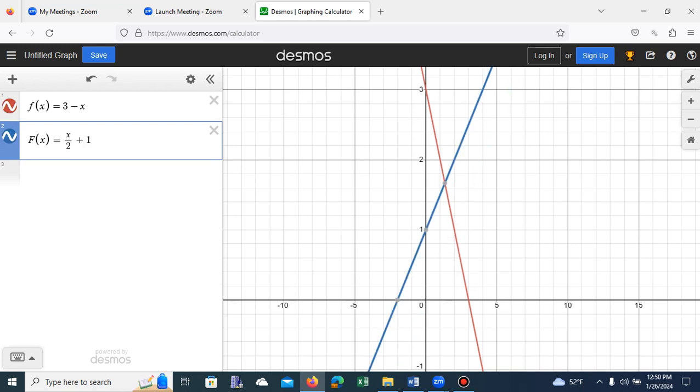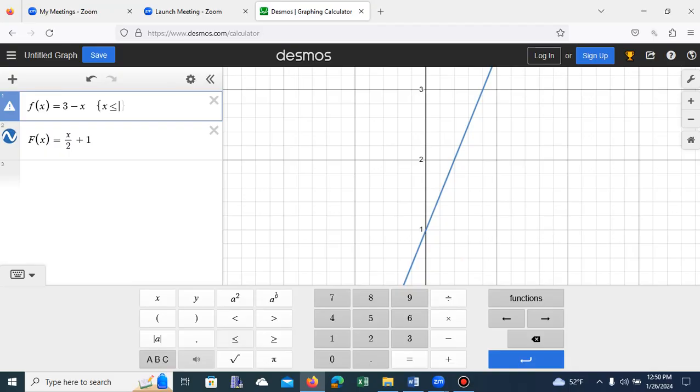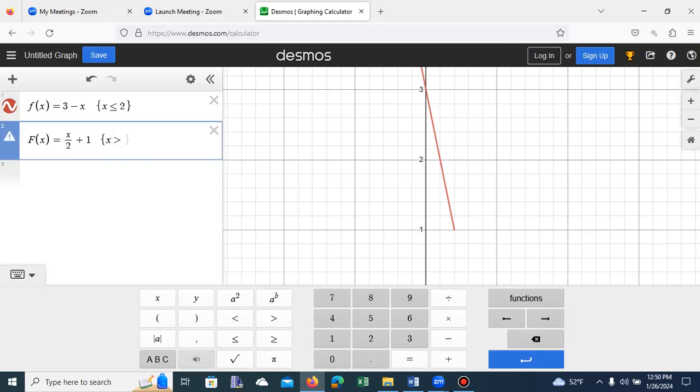Right, now we're going to have to restrict the domain so it only shows the parts we want. That'll be x is less than or equal to 2, and this one will be x is greater than 2. So we see there's a jump between where the red line ends and the blue line begins.